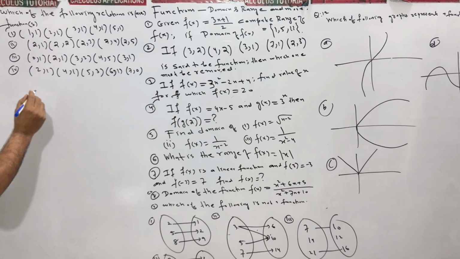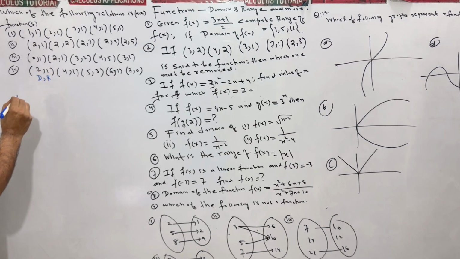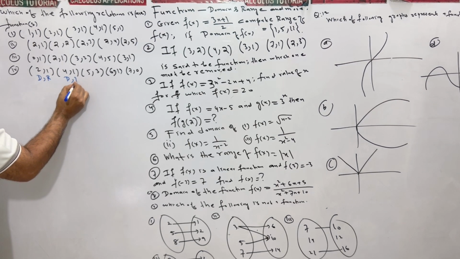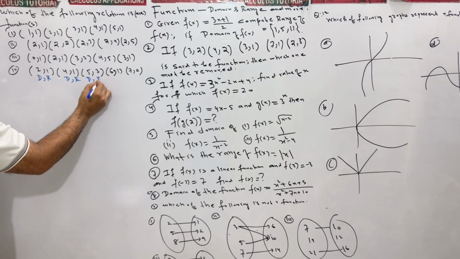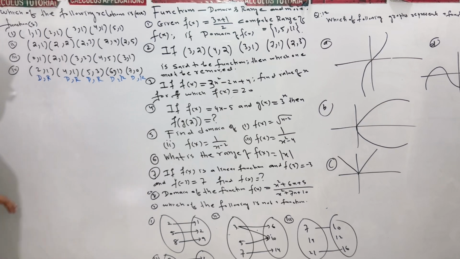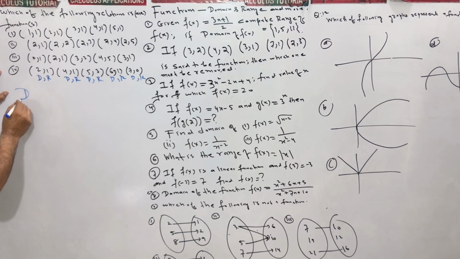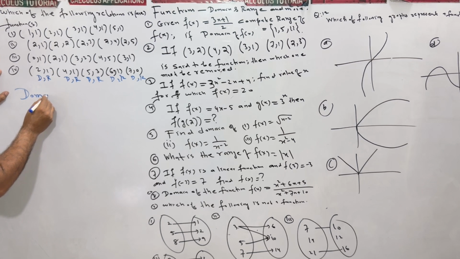Whether it is a function or not, the first element is known as the domain. The second element is known as the range. So domain and range is the concept that is related with the relations as well as functions.